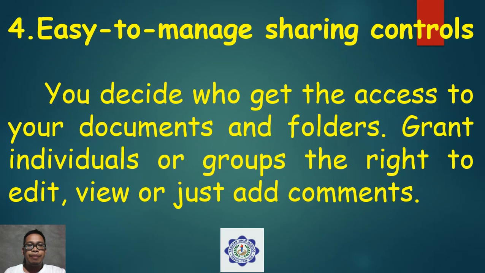So, number 4, easy to manage sharing controls. You decide who gets access to your documents and folders. Grant individuals or groups the right to edit, view, or just add comments. Using Google Docs, you can customize who is the right person who can edit, view, or add comments for your project.